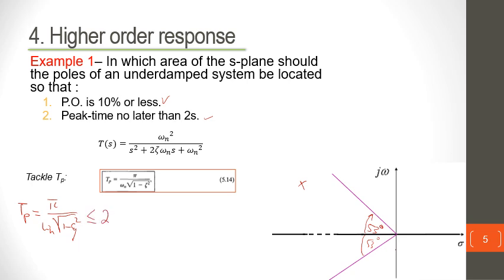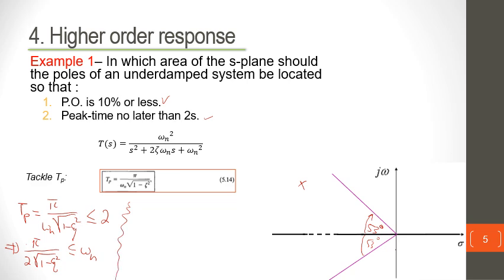Now what this means is we can show that pi divided by 2 times the square root of 1 minus the damping factor squared gives us the lower limit of the natural frequency.